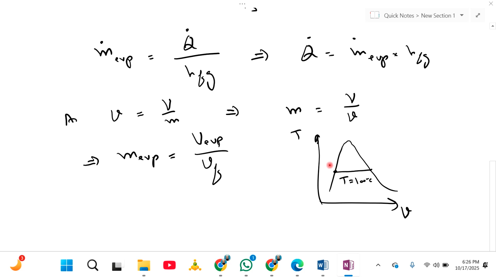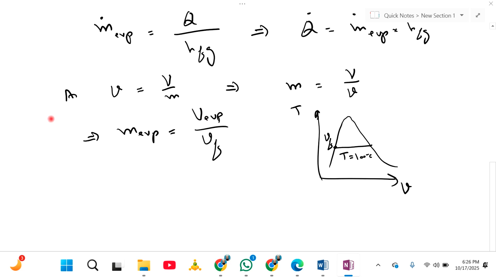So at this point our specific volume is vf, and this is the volume of liquid or volume of evaporation, because at this point boiling has started or evaporation has started. Therefore I use the term vf for specific volume, and for total volume I use the words total volume of evaporation.